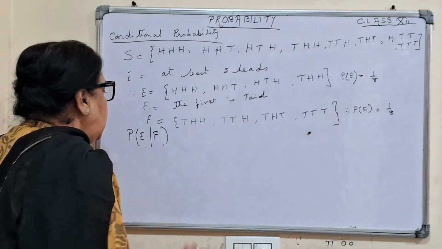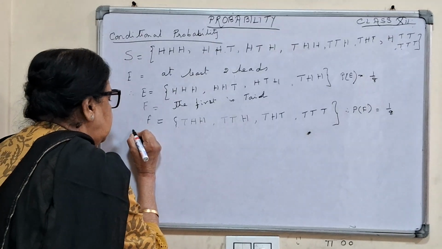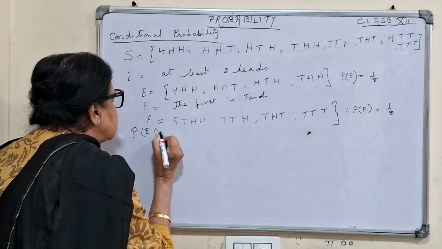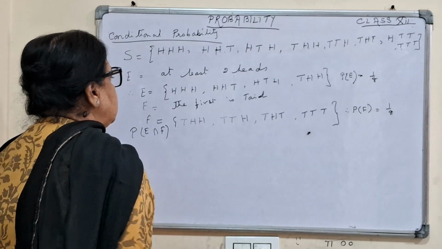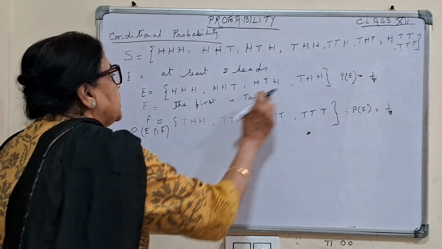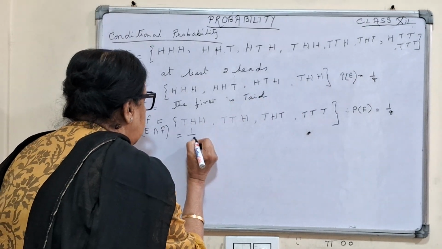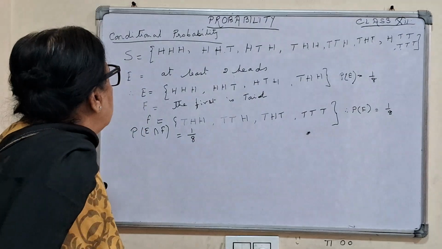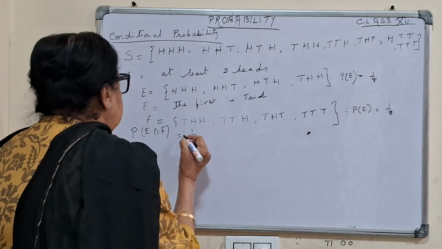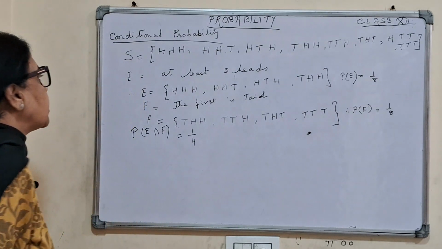Before that, we have to find P of E intersection F. E intersection F, only one is there, that is THH, which is 1 by 8. E intersection F is 1 by 8.